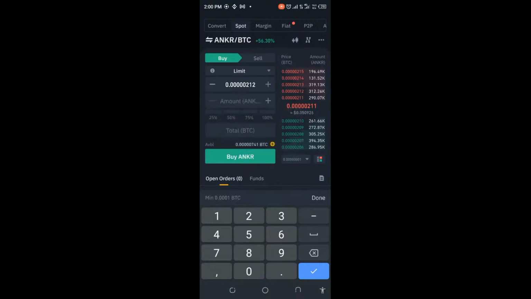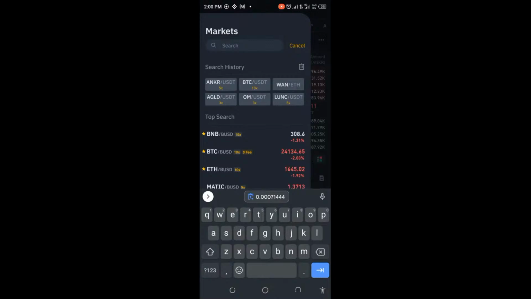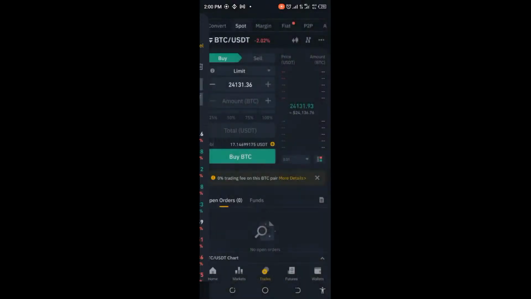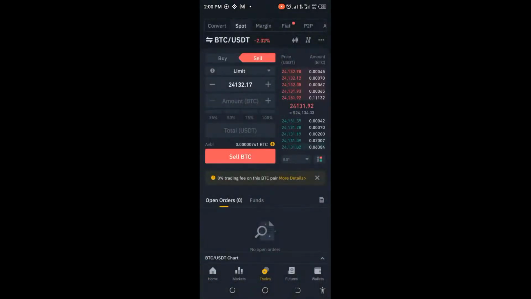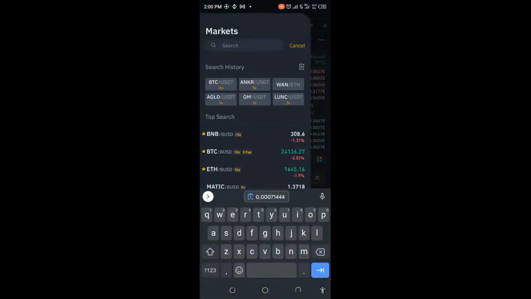So let me cut that and go and sell this on the BTC USDT market. Let's see whether we're going to make a profit. Okay, it looks like we would be able to make a profit because we had to subtract part of that decimal point. Okay, let me go back and see how this would go. I'm sure definitely we're going to make a profit.